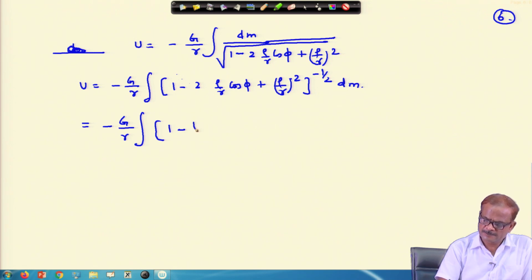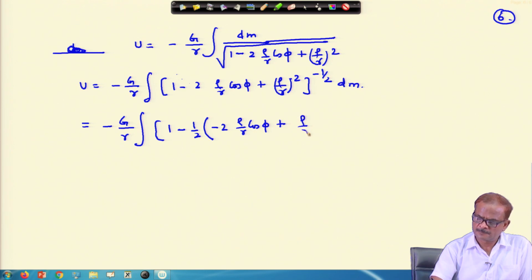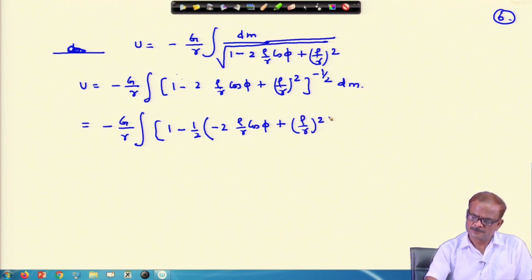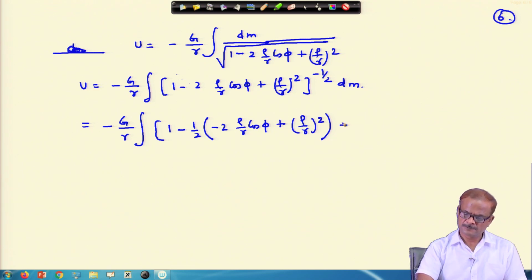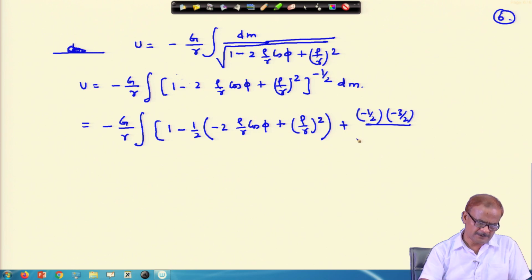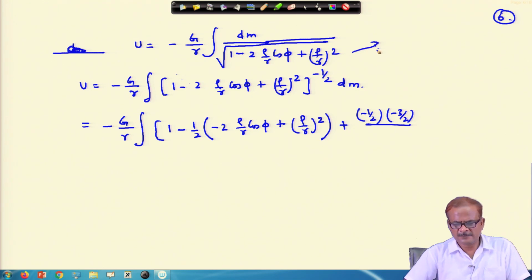So, 1 minus 1 by 2 times rho by r cos phi whole square, then plus minus 1 by 2 minus 3 by 2. Okay. So, this way there will be an infinite number of terms in this expansion, and this expansion is not very difficult to work out.